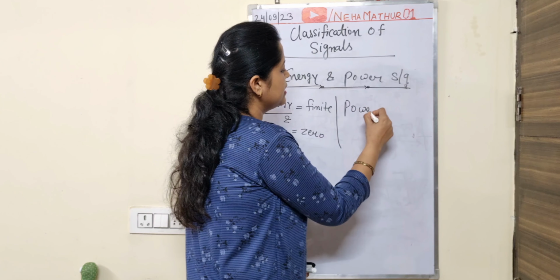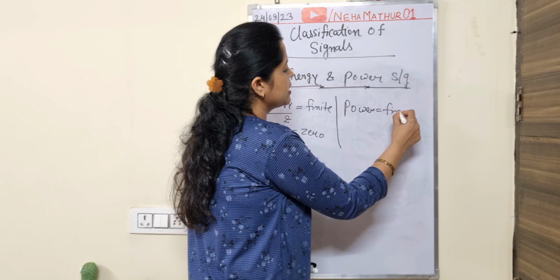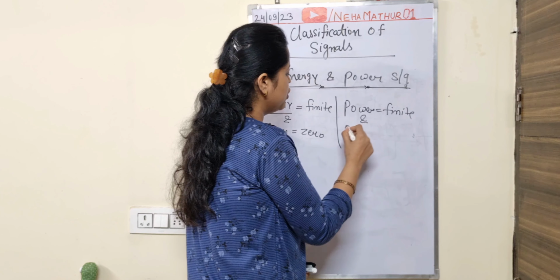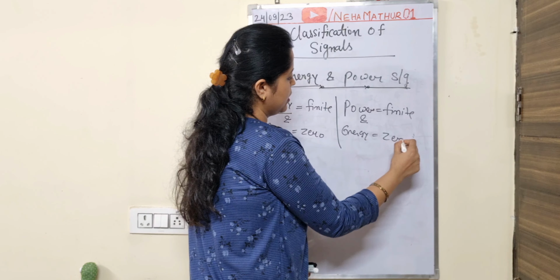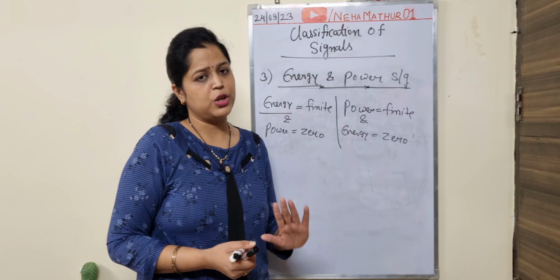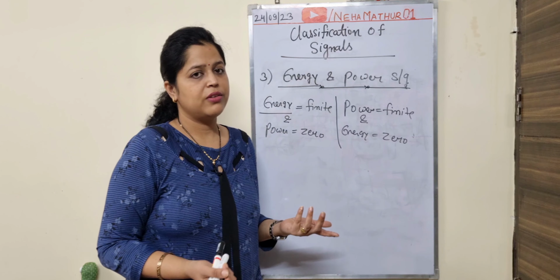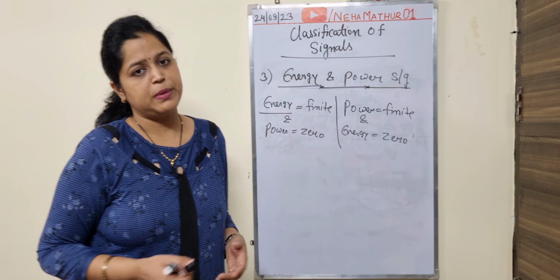For the power signal, the value of the power will be finite and the value of the energy will be 0. You must have an idea about this consideration. After that, you will have to calculate the value of energy and power for that particular given signal. One value will be finite and the other will be 0. So on the basis of that, you can define which category the signal comes under.